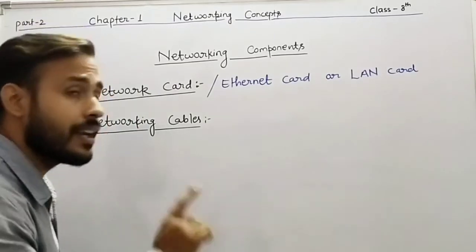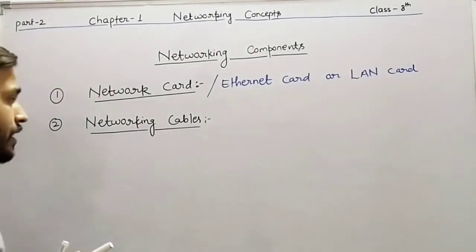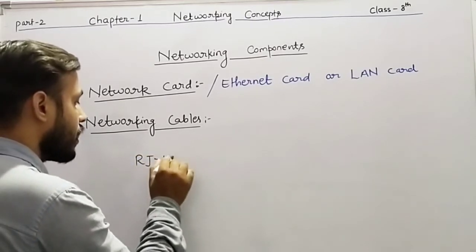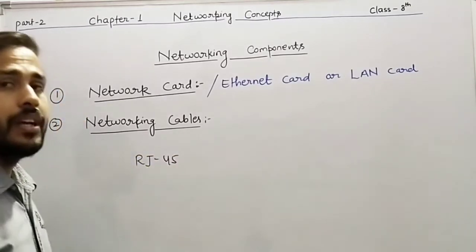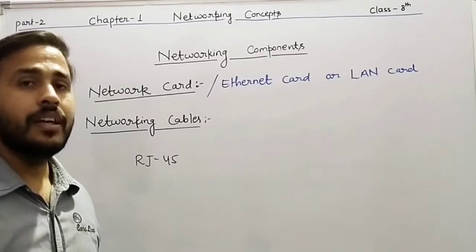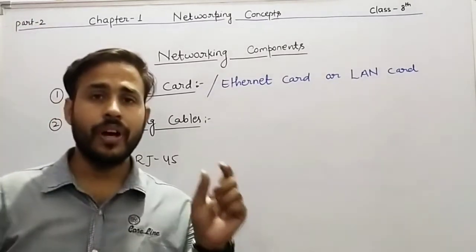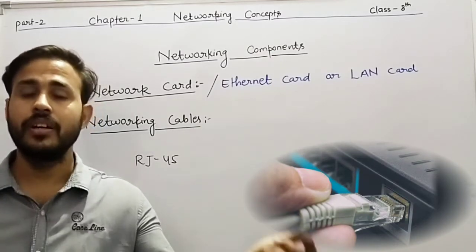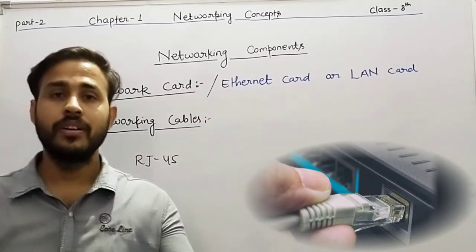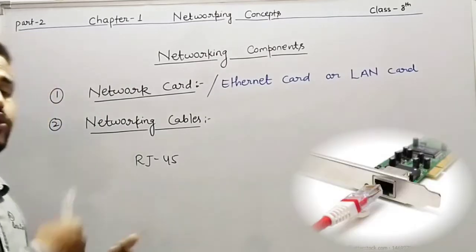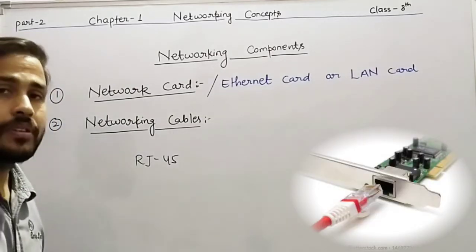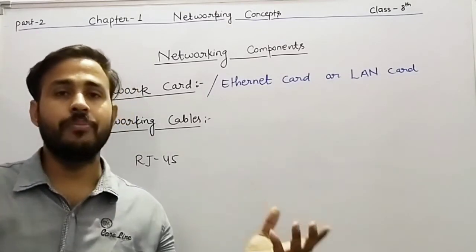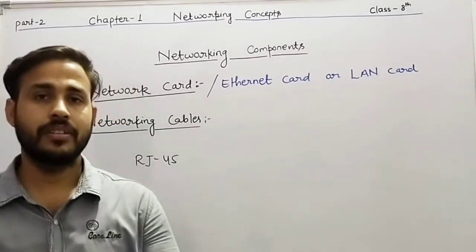Okay, as you see, in a networking cable there are RJ45 connectors crimped at both ends. One end needs to be inserted in the modem or router or hub, and one end needs to be inserted in the laptop to connect the laptop or computer with the network.